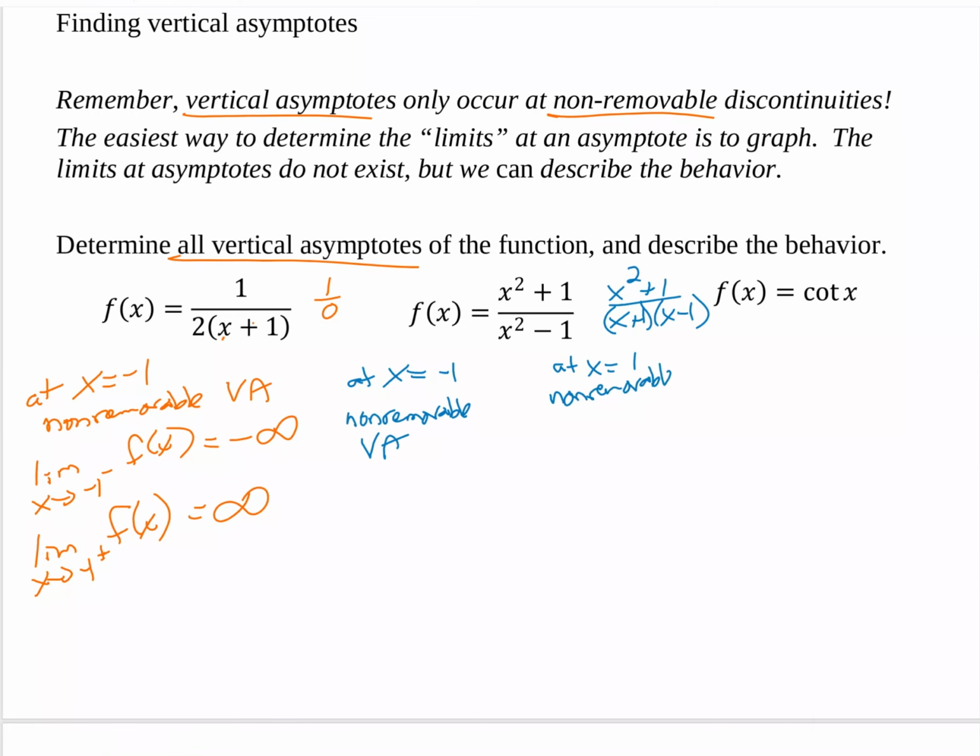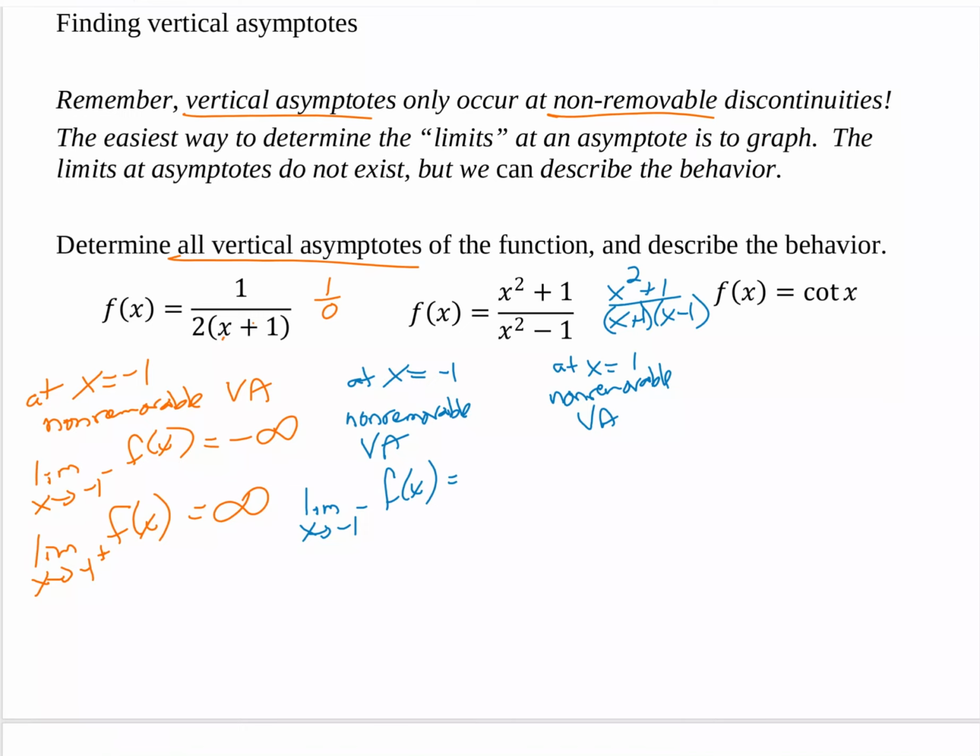So the limit as x approaches -1 from the negative side of the function: you put -1.1, you get a positive, and that makes the whole thing positive, a big number, so positive infinity. Like -1.01 or something like that.